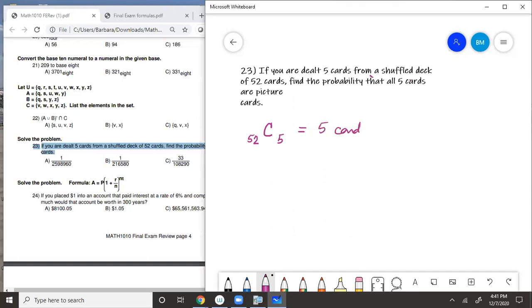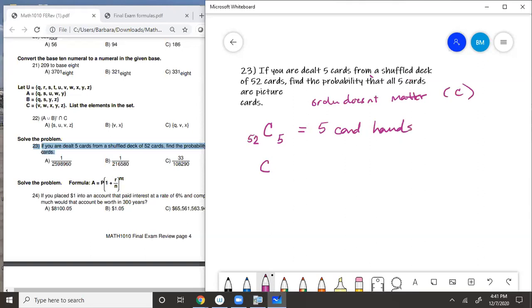If I'm just looking at that, how would I know to use the combination formula? Oh, because order doesn't matter. All right, so we know it's a C. The 5 cards in our hand, it doesn't matter which one we drew first. It's just the 5 cards. And that's the total number of 5-card hands.